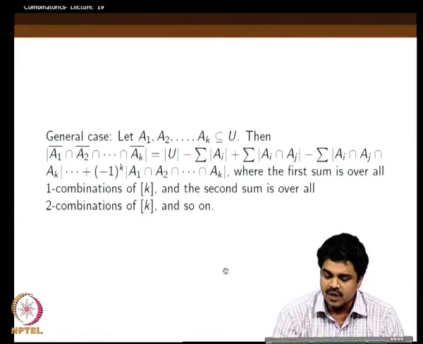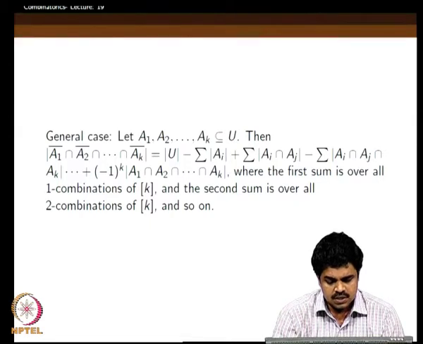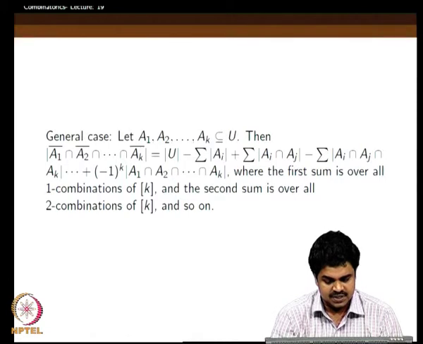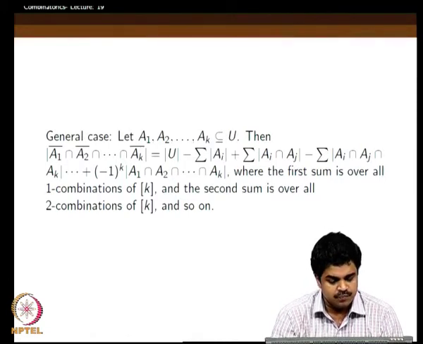How did we get the formula? We guessed it. In fact, we looked at the pattern of the formula when k equal to 2, that means when only 2 sets are there in the collection, A1 and A2 alone.